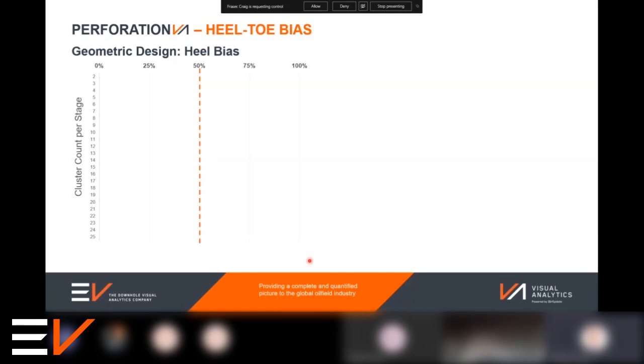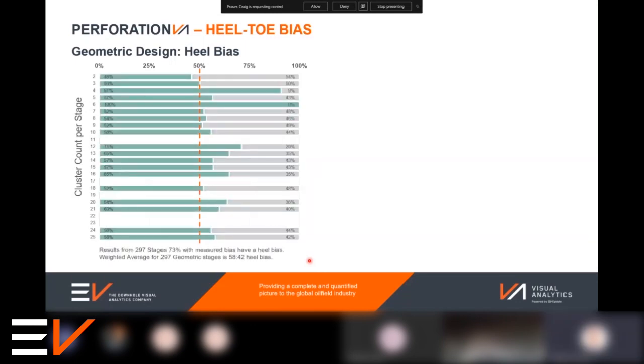But if we overlay the results from close to 300 different stages that we've analyzed, we can see that other than one or two stages where there's 2 or 3 clusters per stage, anything above that, there is a dominance for proppant placement to be stronger at the heel than it is at the toe, which is indicated by the larger blue bar compared to the gray bar alongside.